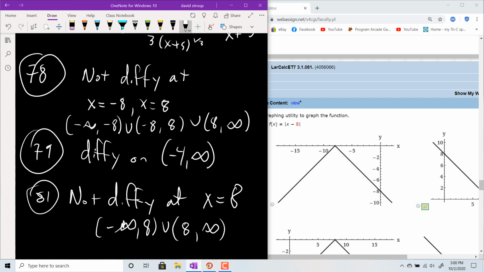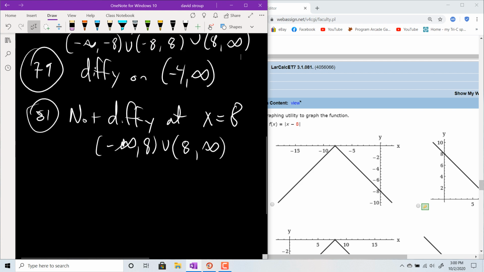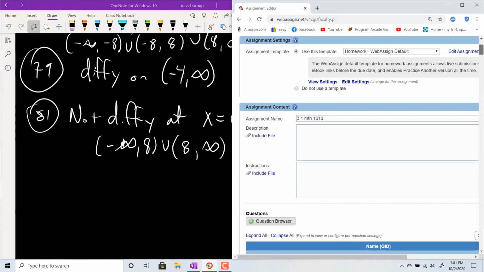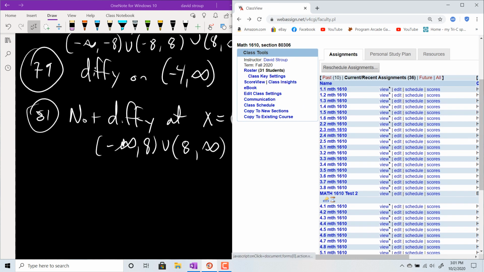Okay. So I think probably you got about the same types of problems in the book. So whether you use the book or kind of just look at your WebAssign questions, you'll probably come out okay.